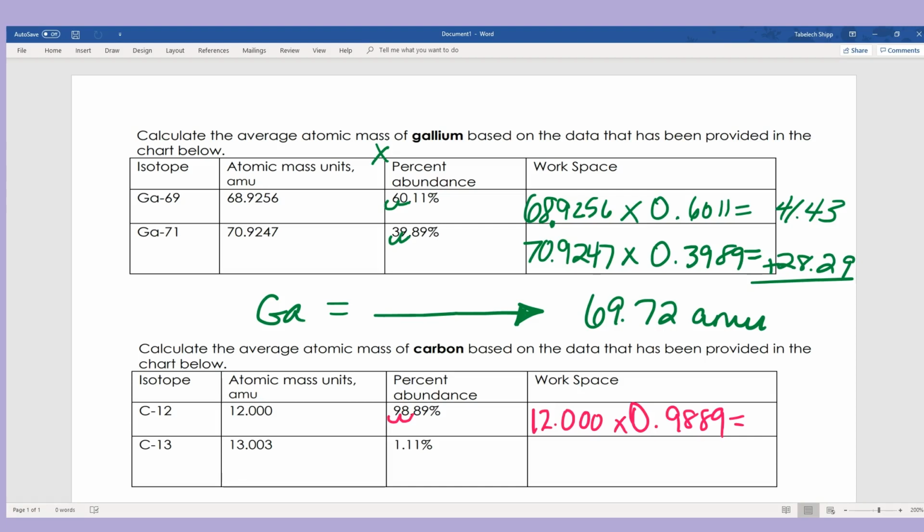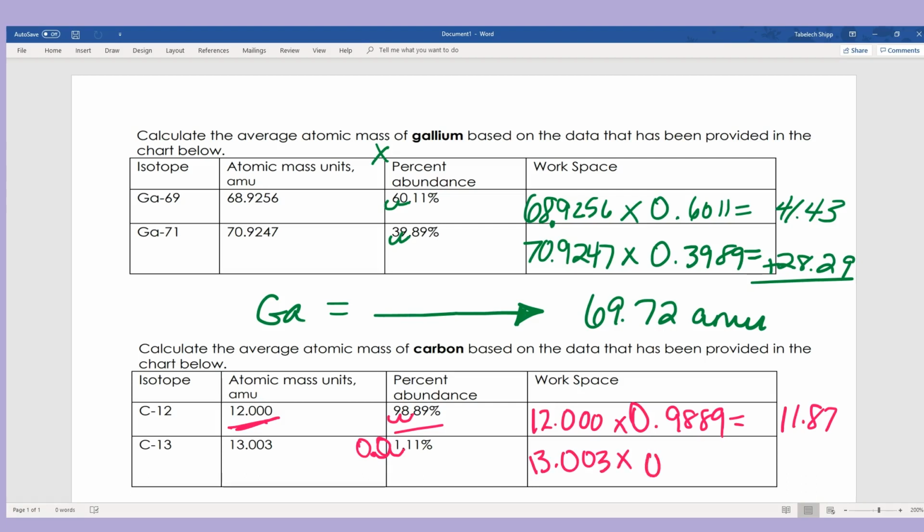Remember, you have 5 significant digits in this number, and you have 4 significant digits here. So when I multiply these two numbers, I'm going to get 4 significant digits. I have 11.87. Now with this number here, I'm going to still move my decimal back 2 places to the left, and I'm going to insert a 0 there as a placeholder.